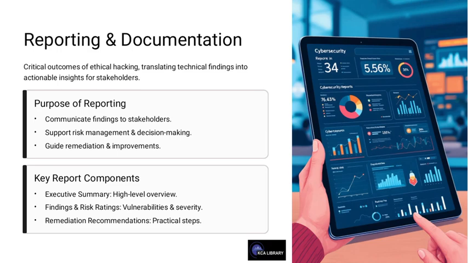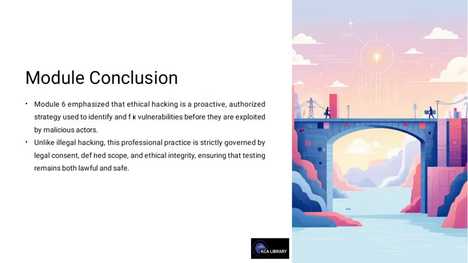Key report components include the executive summary, which is the high-level overview of everything. And also we have the key areas of findings and risk rating, which deals with vulnerabilities and severity. And the last is the remediation recommendations, which are practical steps that are needed.